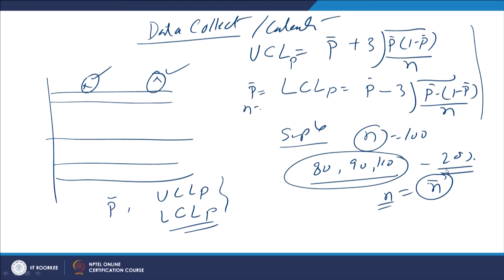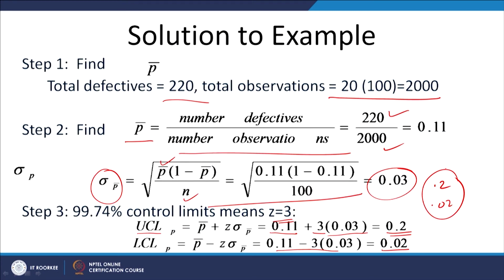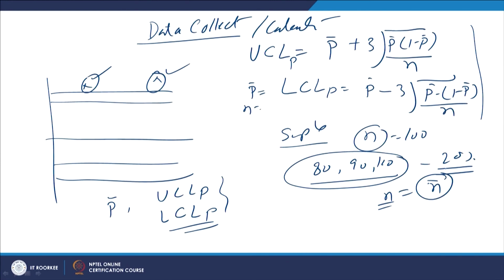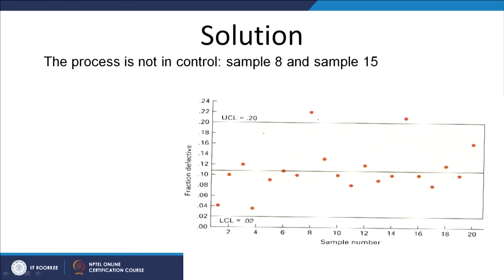So, if we see here in the previous example, these values are plotted. What we will notice is that for sample number 8 the value is 0.22, and for sample number 15 the value of the p is 0.21. So, since the upper control limit is 0.2 and lower control limit is 0.02, these two data points are falling beyond the control limits.